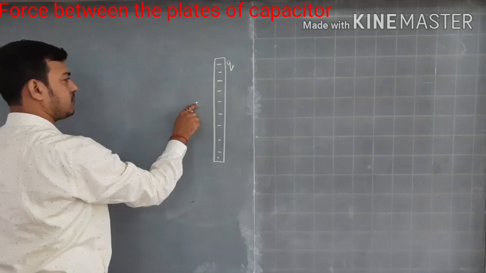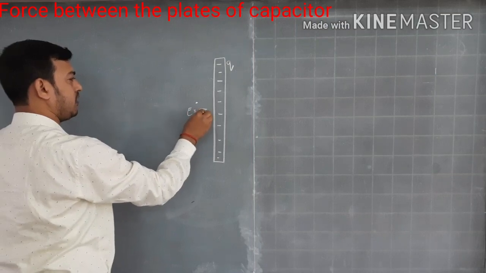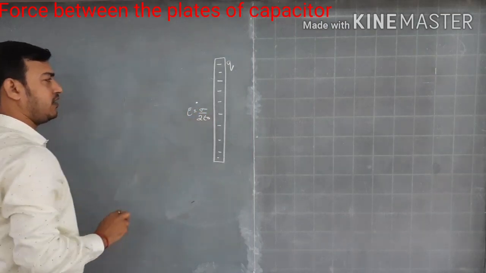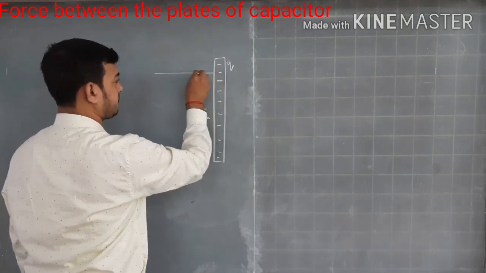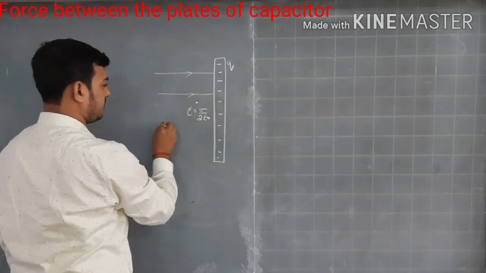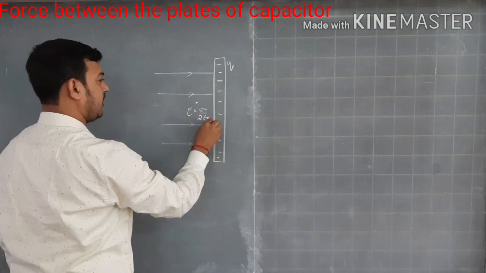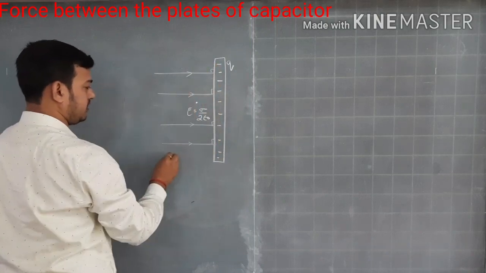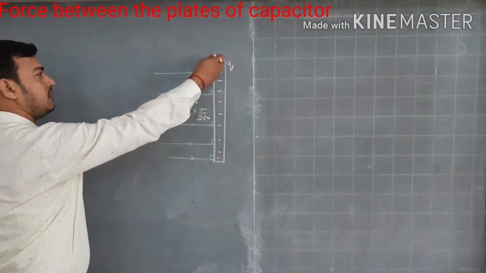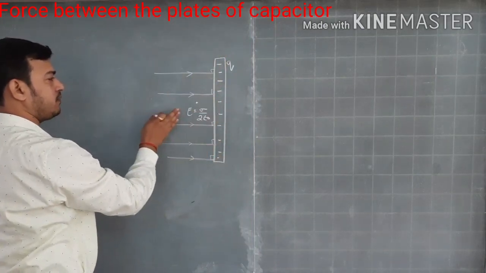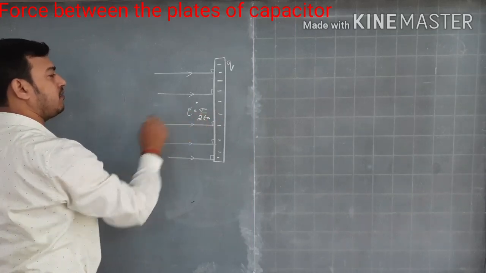So at this point the field will be E equals sigma by twice epsilon naught, and the direction will be towards the plate since the charge is negative, and the field lines are always normal to the conducting surface. It means this negatively charged plate is producing an electric field around it, and its magnitude is sigma by 2 epsilon naught.